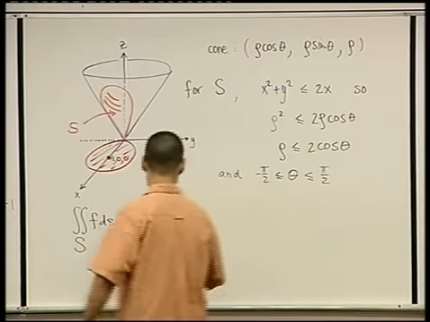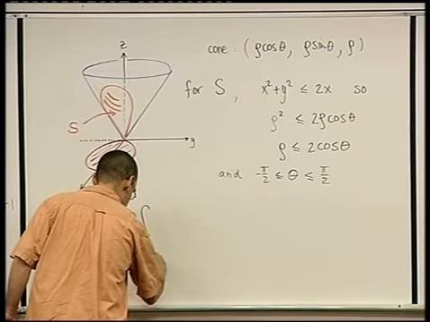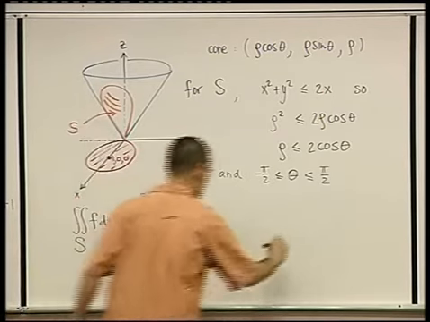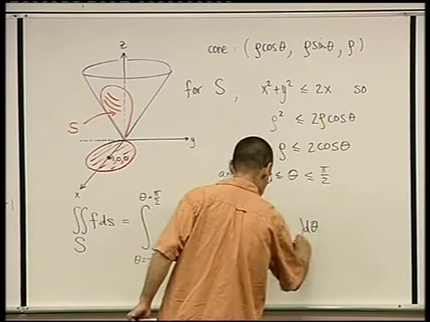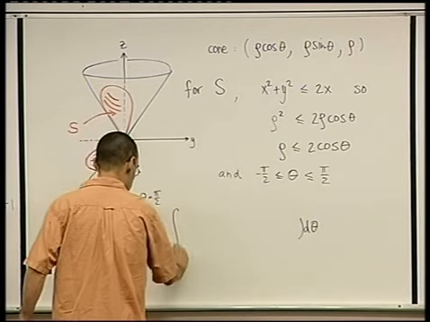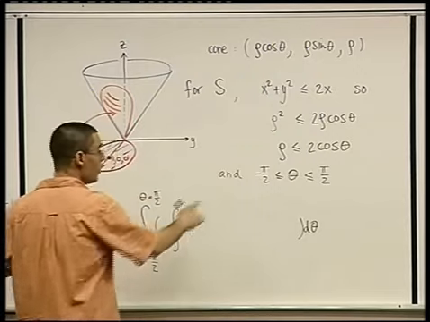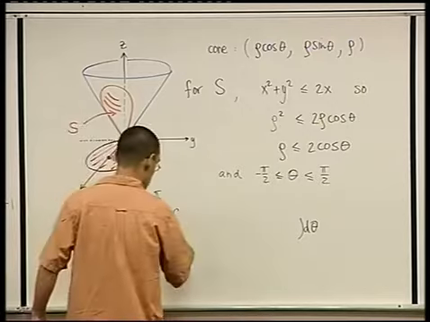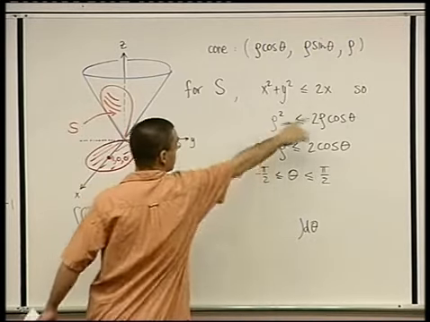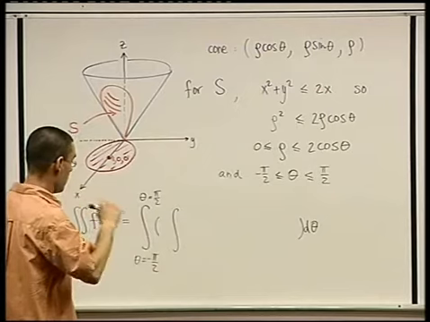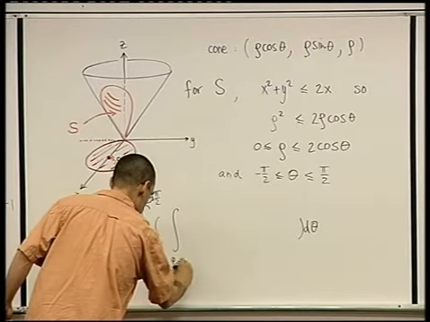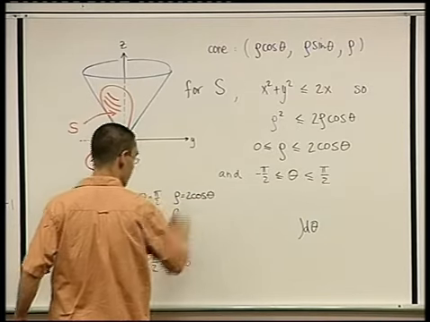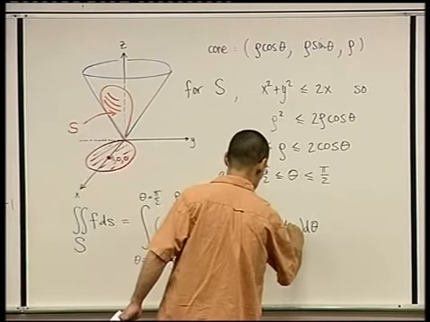So I'm going to write from theta equals minus pi over 2 to theta equals pi over 2 d theta of the integral. Rho is always positive, right? Rho is the distance to the origin. I can add here that it's always positive. That's why I could cancel out and everything. So rho goes from 0 to rho equals 2 cosine theta. That's the range for rho, d rho.